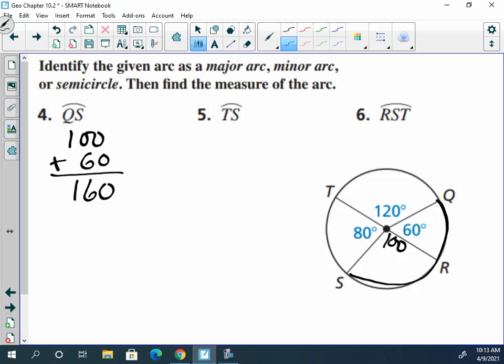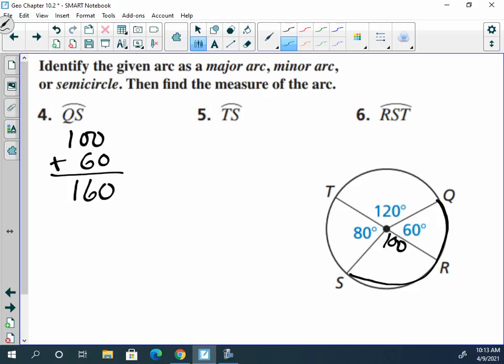Yes? Okay. So, the answer for number 4 is 160. Yes, and we're finished with number 4.